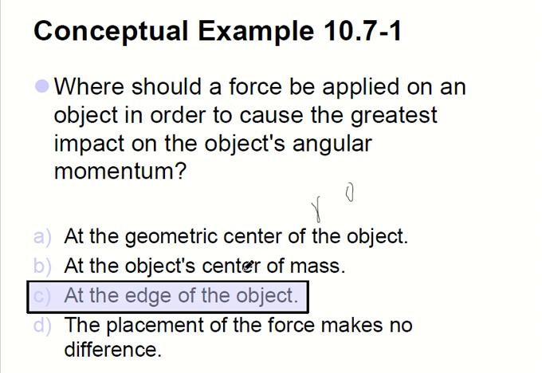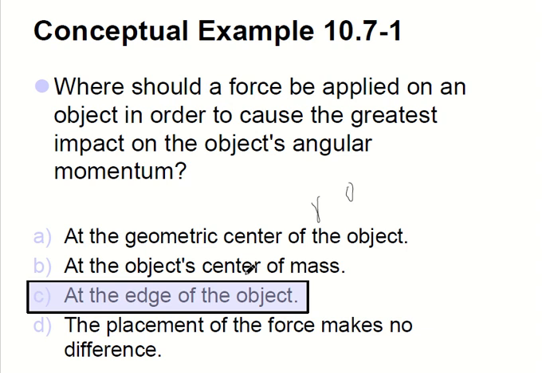The second one is at the object's center of mass. This is not the same. The geometric center is just the shape of the object, while this one is the center of the mass of the object.